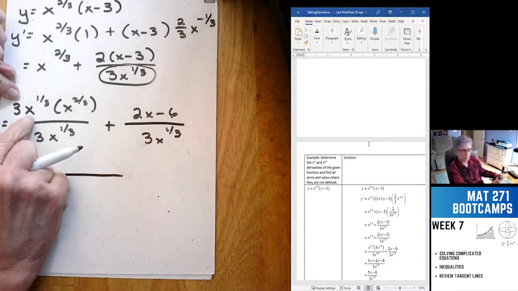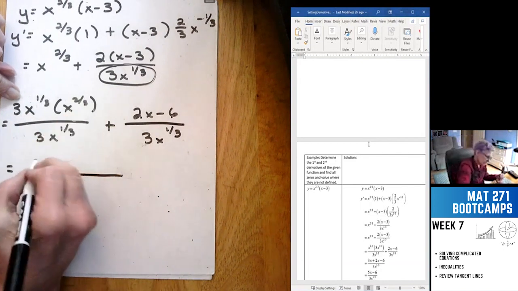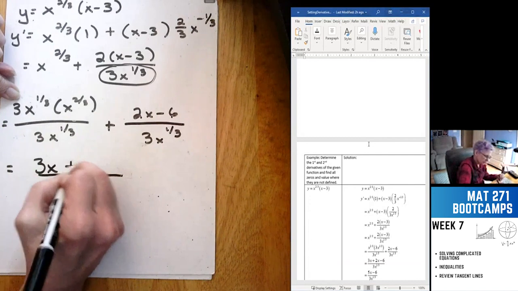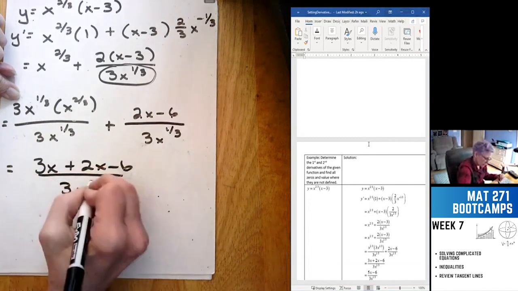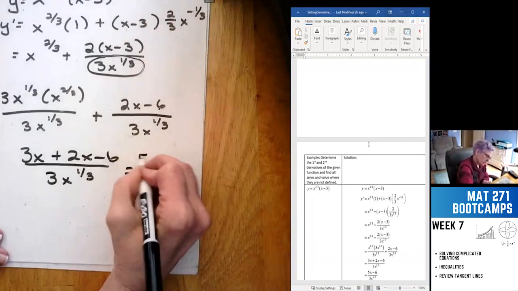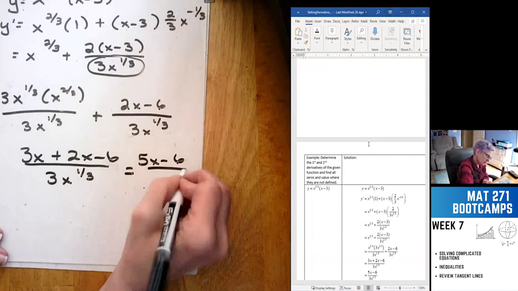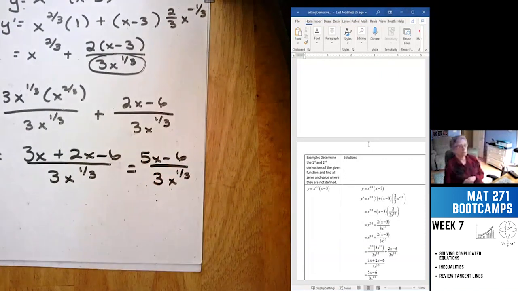Oh, and I'm really happy because x to the 1/3 times x to the 2/3 means I add exponents, and that just gives me 3x. So 3 plus 2 is 5x minus 6 over 3x to the 1/3 power.